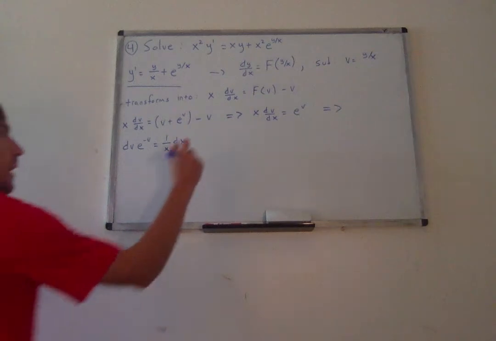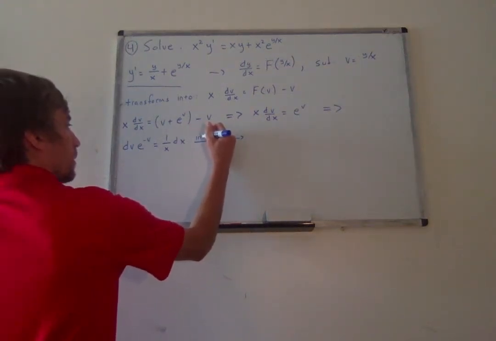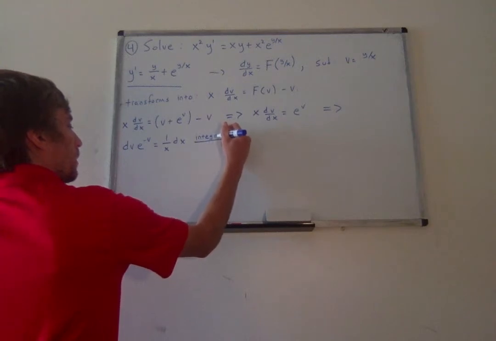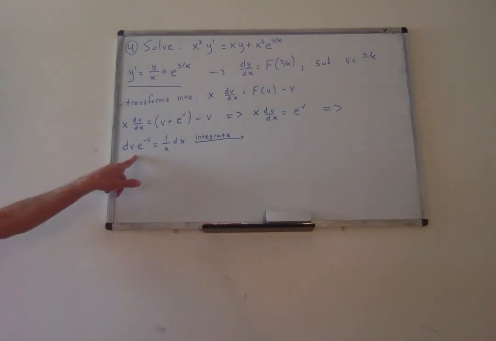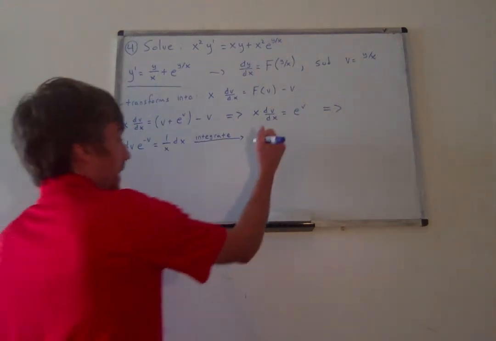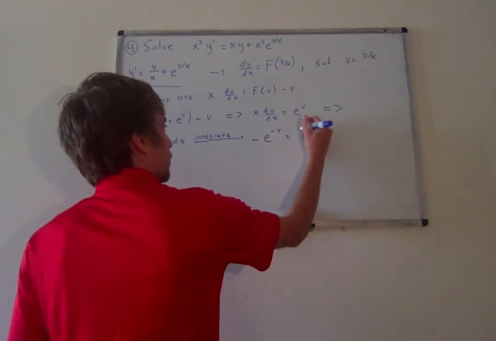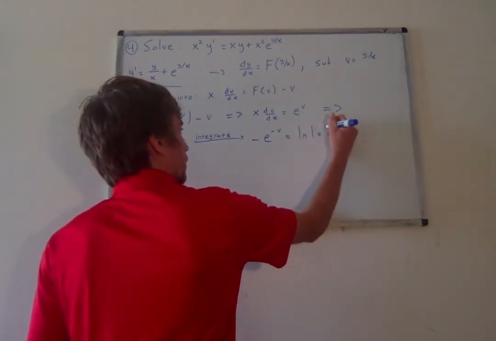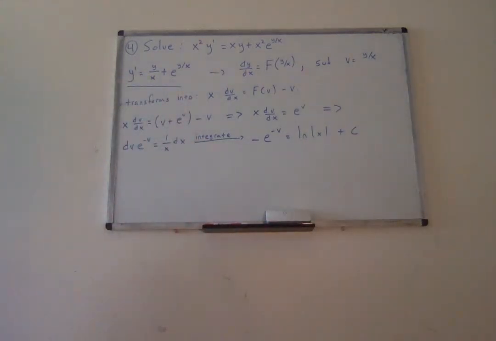And now we can integrate both sides. So here the integral of e to the negative v is just negative e to the negative v, and that's equal to the natural log x plus c.